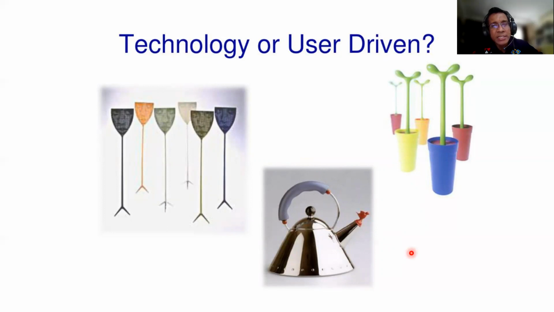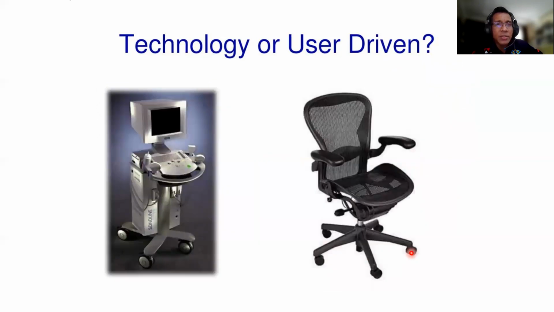The ID designer is more involved in the design or product design stage for this one. And then this one, you can see the desktop and the chair. There are more ergonomic and aesthetic design values there, the colors. So that is more user driven.